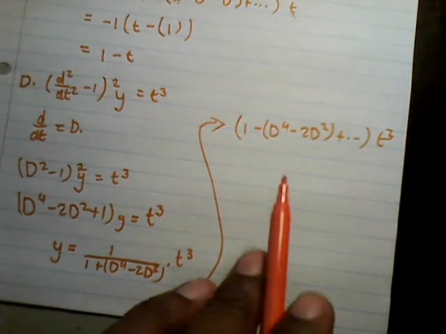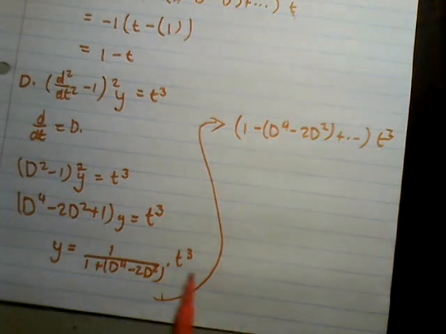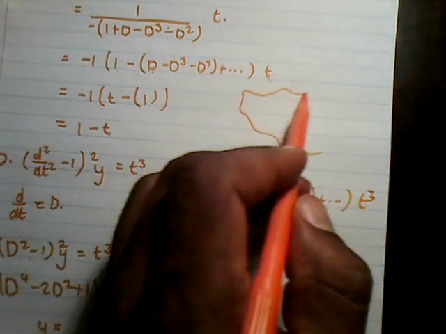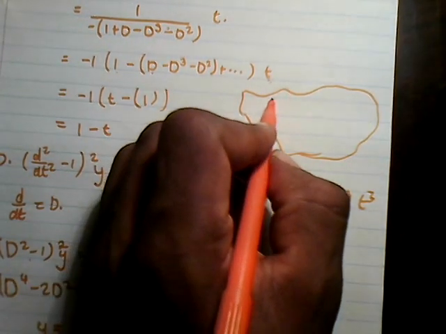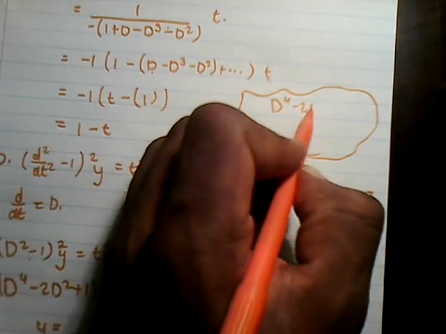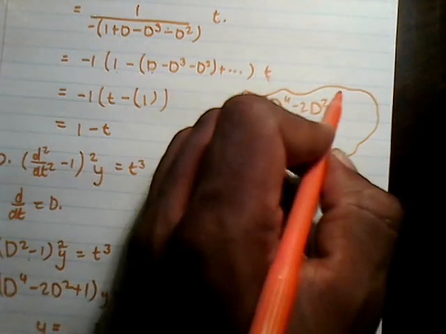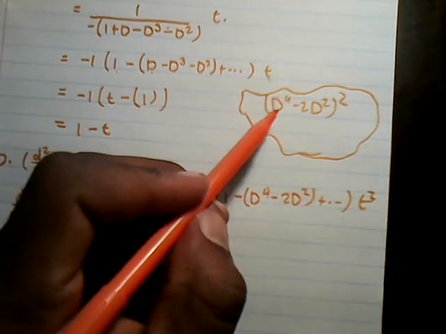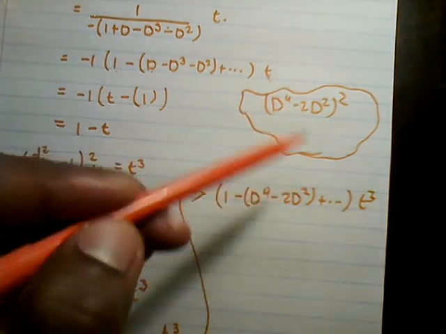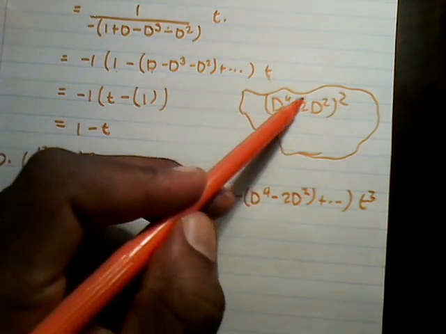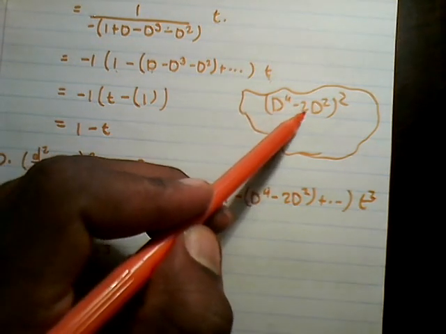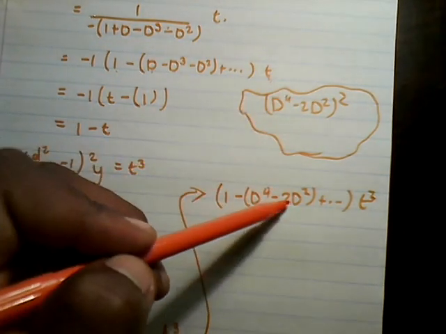Note that I stopped here because if I continue, I'm going to have something like D to the 4 minus 2D squared all squared. You can see that the highest powers are going to be 8 and 6 and 4, which will all give us 0. All of the derivatives here are going to give us 0, so I'm going to stop right on this one.